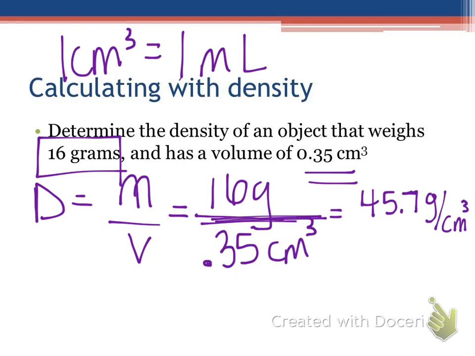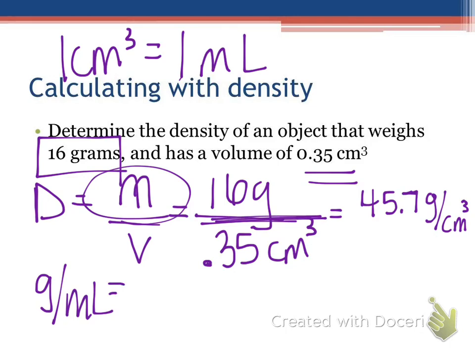Grams per cubic centimeter. So that means whenever we go to do a density problem, if our density is given to us, these units have to match. If our density was given in grams per milliliter, what would our mass have to be measured in? Our mass would have to be measured in grams. Our volume would have to be measured in milliliters. Okay, so when we go to do a problem, our units have to match throughout that whole little triangle, right?